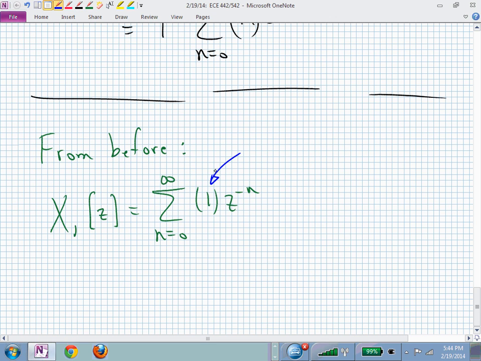This is our unit step. And that sums to what? One over 1 minus z to the minus 1, or that ends up being z over z minus 1.